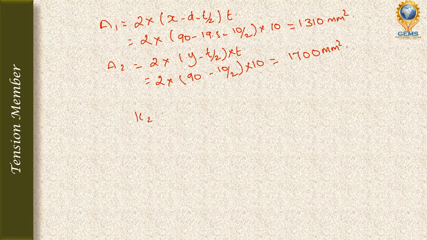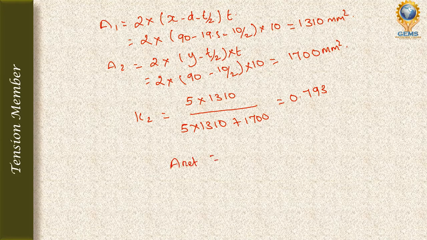Then we go for the K2. That is 5 A1 by 5 A1 plus A2, where the A1 value is 1310. It gives 0.793. Now we know the K2, every value is known. So we can find the net effective area.